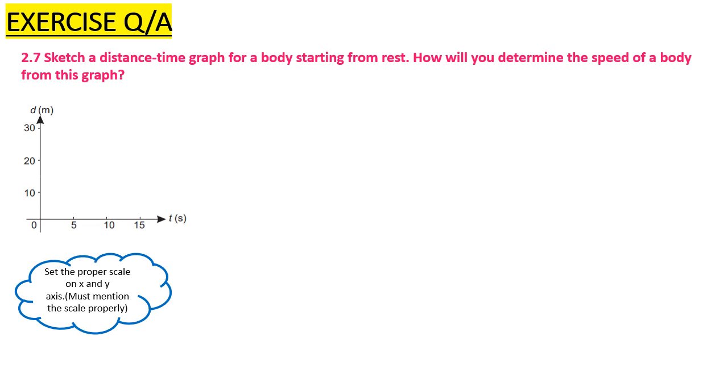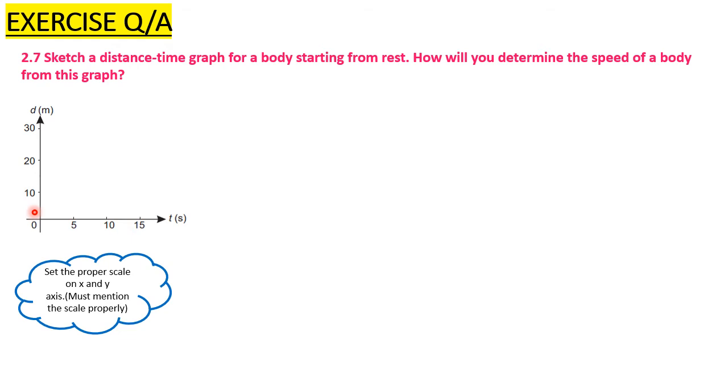First you have to draw the graph base, and mention the time along the x-axis and distance along the y-axis with their respective units, and set the proper scale. This distance of 5 seconds should be equal to this distance, and all of them should be equal.